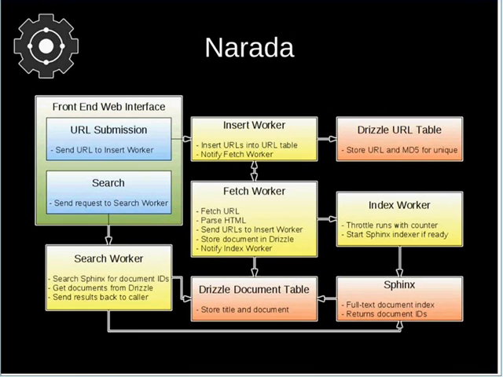And then if it's unique, it will go ahead and insert it into another queue for the fetch worker. This fetch worker will take that URL, actually go grab that URL, parse the entire document looking for further URLs, and depending on a set of rules that you have set up, it may decide to go re-index those other URLs.